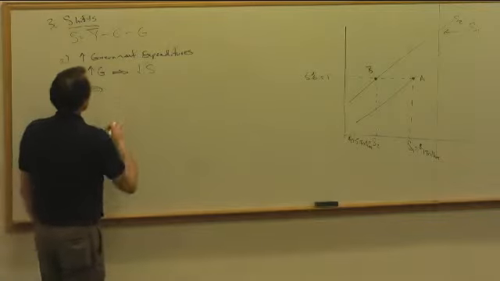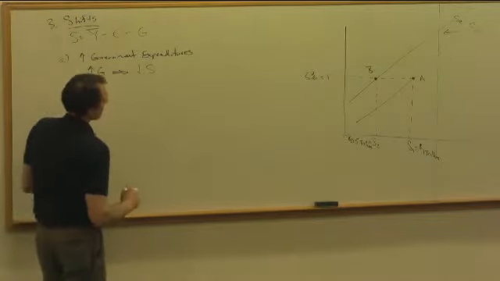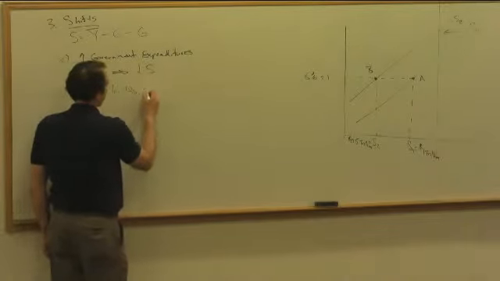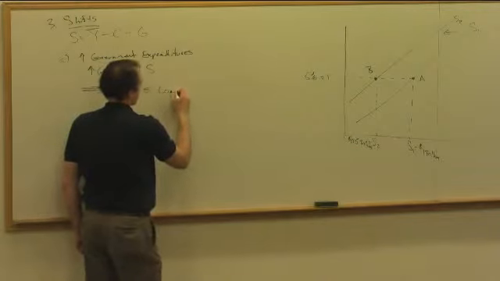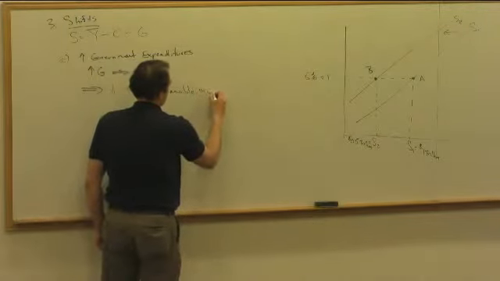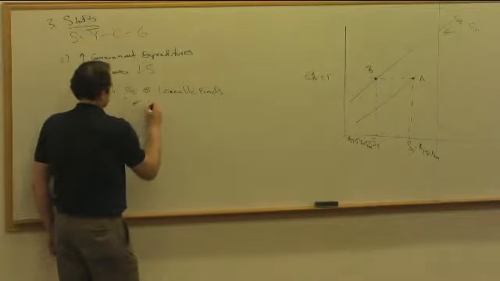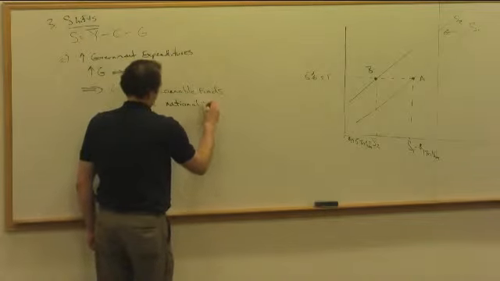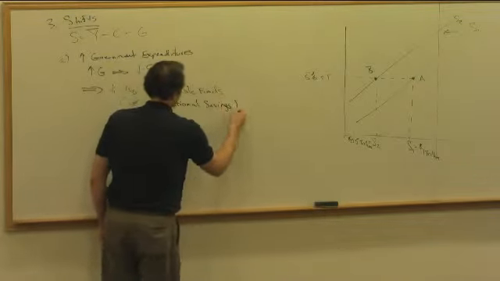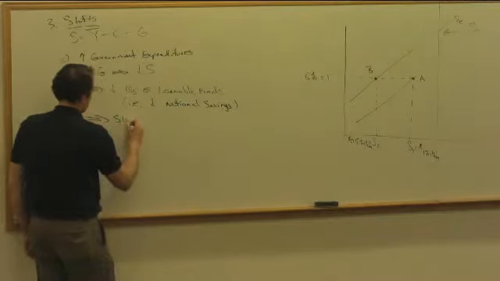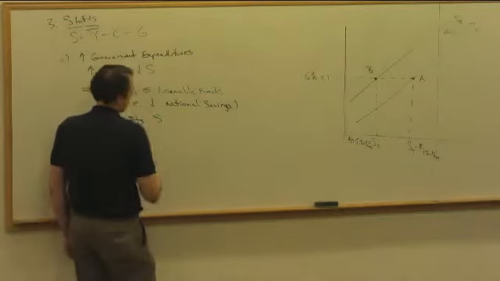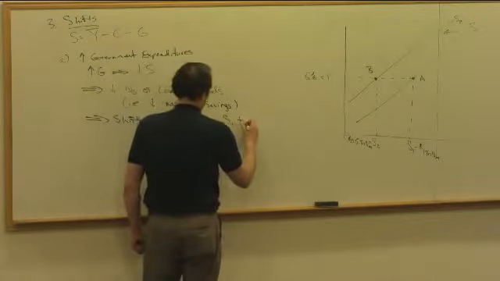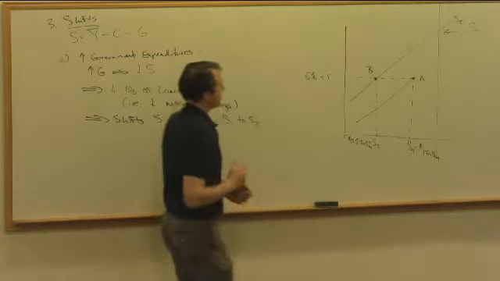So if there's an increase in government expenditures, which is going to end up decreasing the quantity supplied of national savings, i.e. the quantity supplied of loanable funds, that's going to shift the national savings curve left from S1 to S2. So we'll go ahead and call that S2.